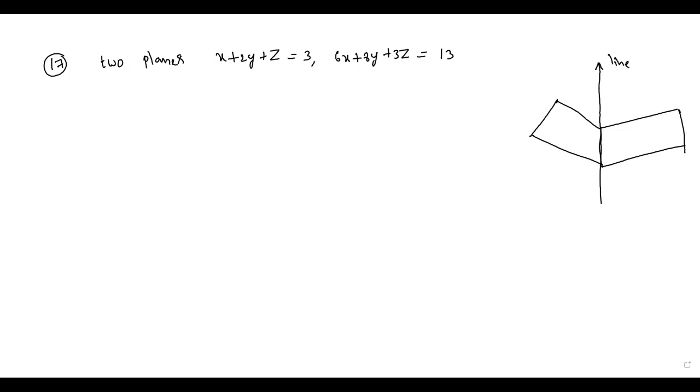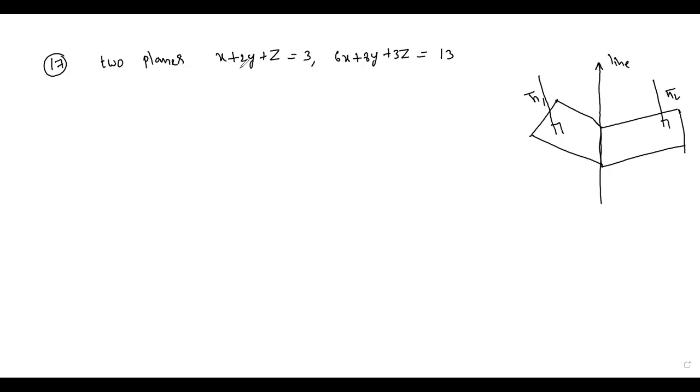For this, whatever normal is there, it is clearly perpendicular to the line. Whatever you are taking as normal, here the line is perpendicular to each normal, n1 bar and n2 bar.